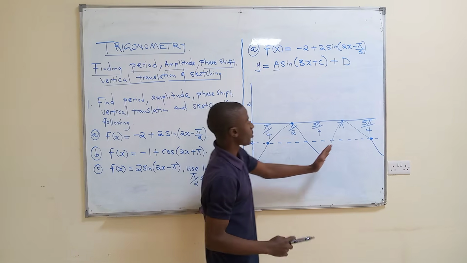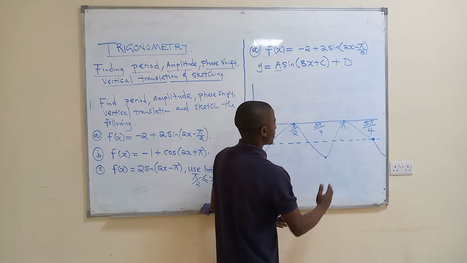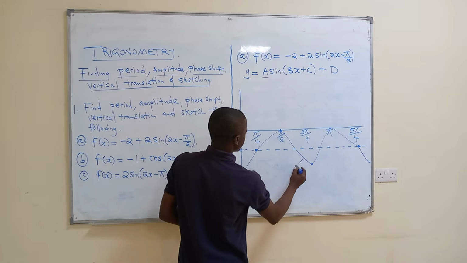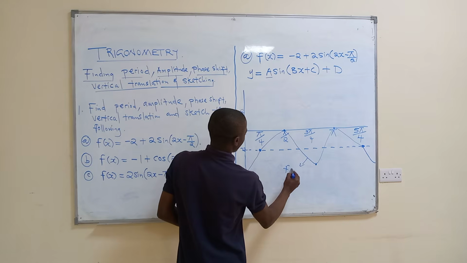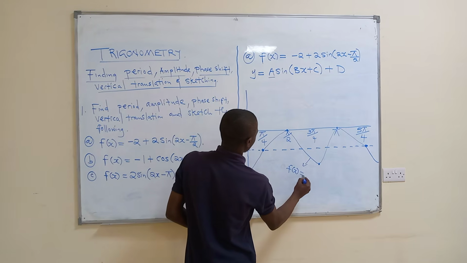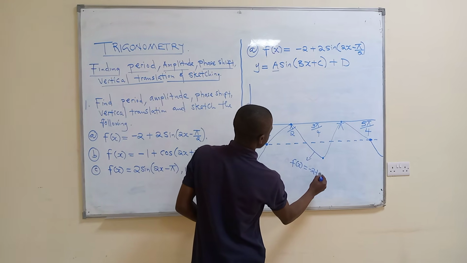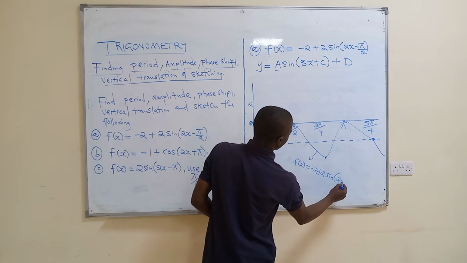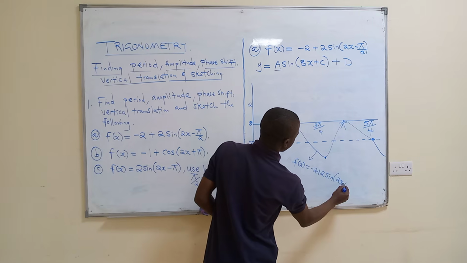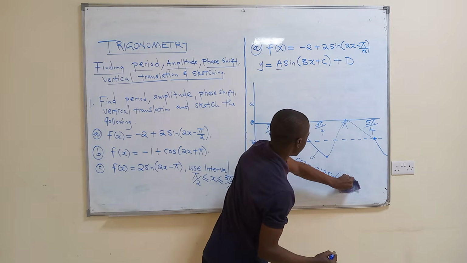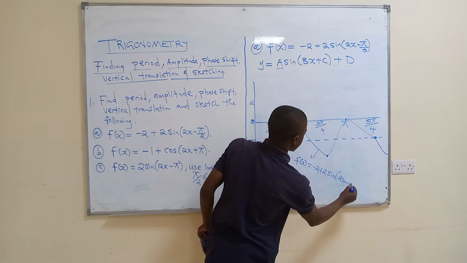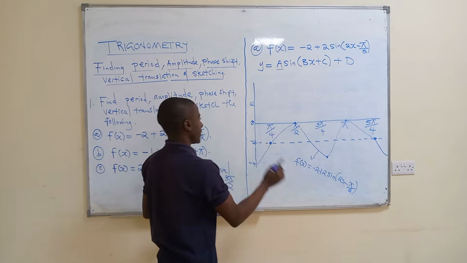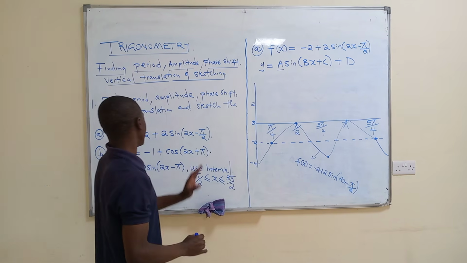Also, here to the positive part, the graph can continue going like that. So this one is f of x is equals to negative 2 plus 2 sine, open brackets, 2x minus pi over 2. So this is the final solution for first question.